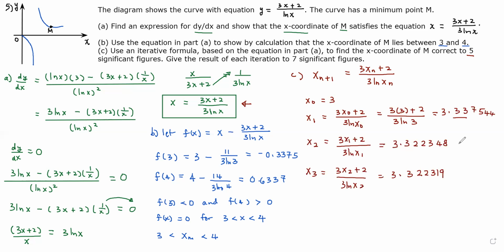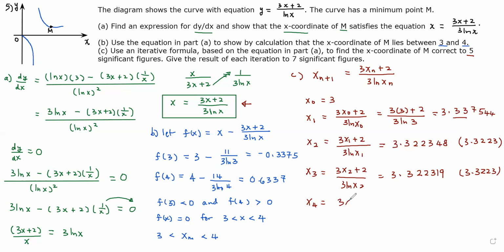So to 5 significant figures, that is 3.3223. That is 3.3223. These two converge to 5 significant figures. We only need to compute the next one. So you need 3 of them to be the same to 5 significant figures.